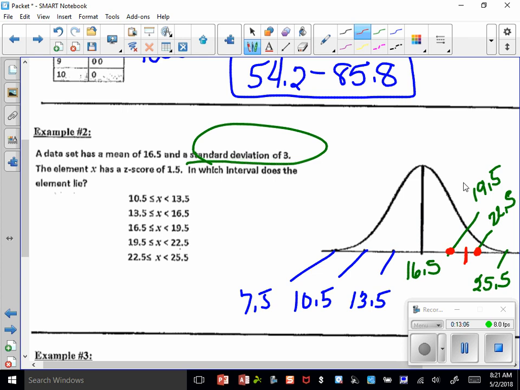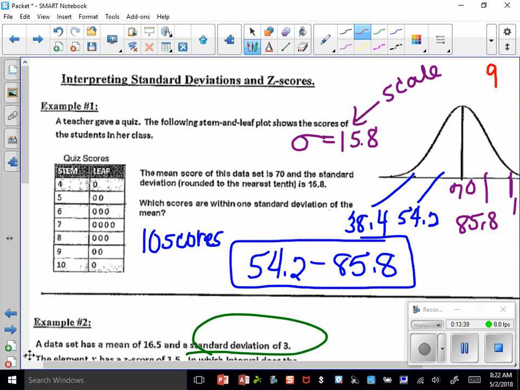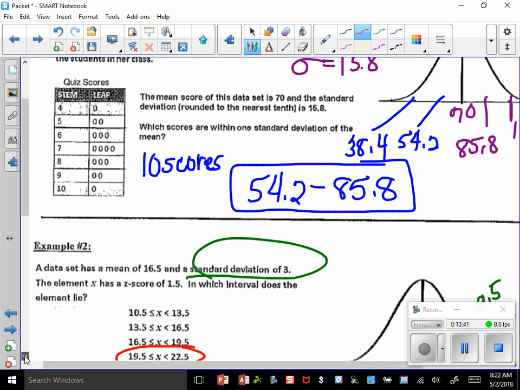It's going to lie between 19.5 and 22.5. Here it is right here. This would be the answer. And like I said, this was an actual question. If you do a nice visual, you can actually see where 1.5 would land on your bell curve. But you got to understand the bell curve and be able to create that bell curve as a nice visual. All right. Let's take a look at the last question on this page.